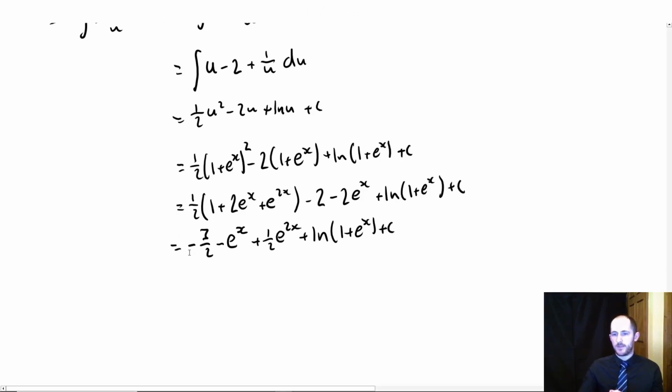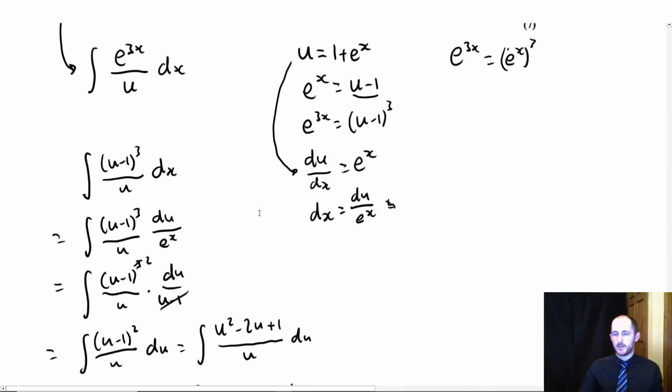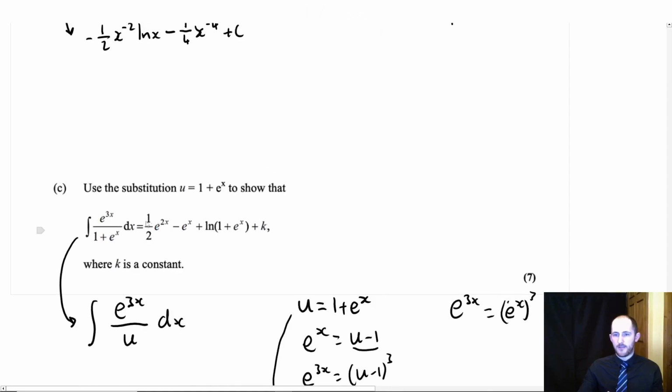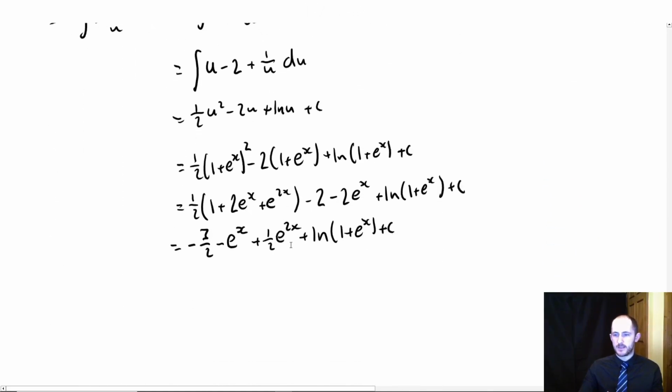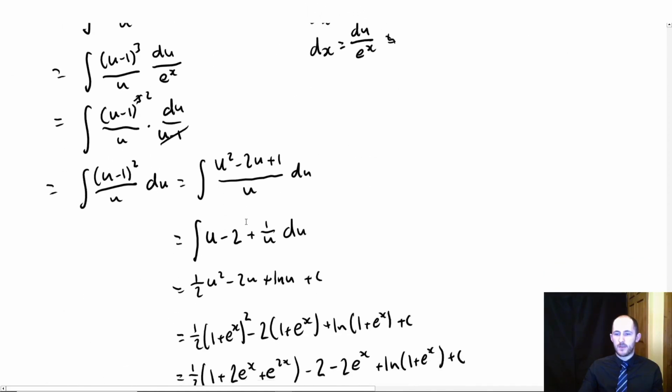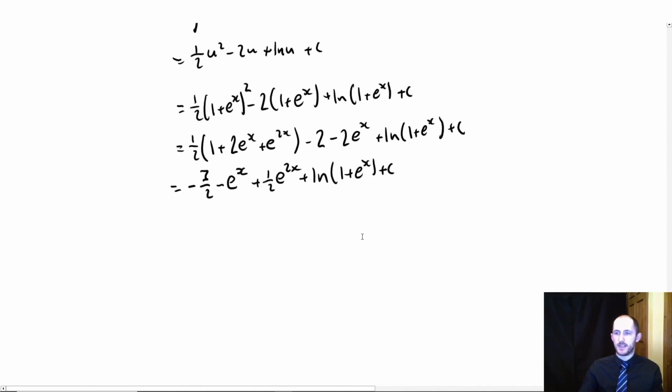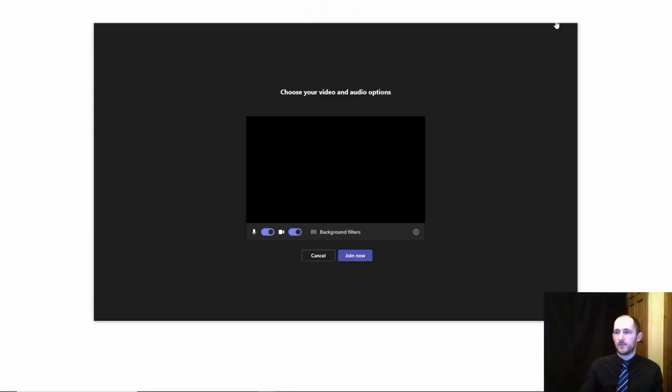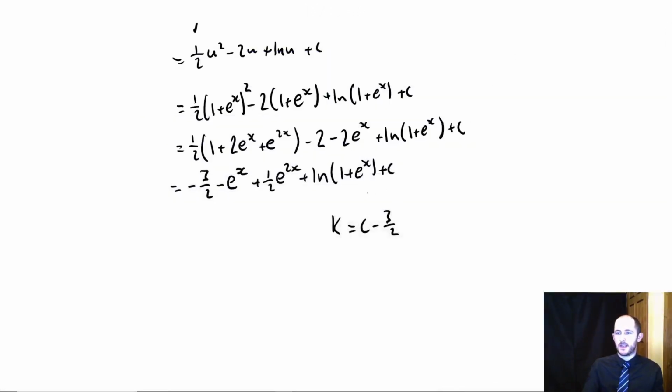So now if I compare this to my actual answer, I have the half e to the 2x, I have the minus e to the x, right? But I don't have this thing, and I don't have a c, because what they've done is they've said that k is equal to c minus 3 over 2, which immediately just gets rid of these two parts here.